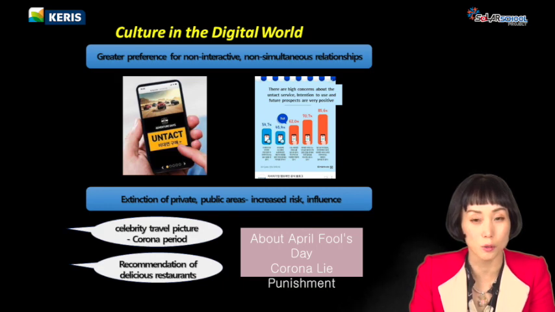Even if the restaurants recommended by celebrities aren't really delicious, people flock there, and SNS travel photos taken inadvertently during the corona period come back with tremendous criticism. It is important to remember that because of the high propagation power of SNS, each individual has an increased risk and impact.